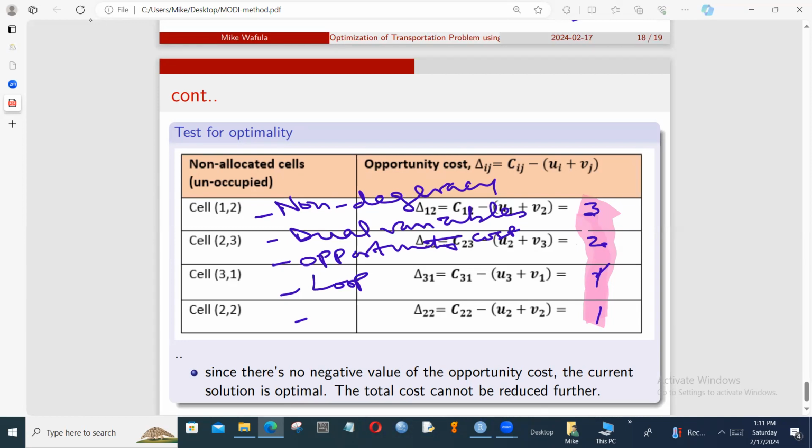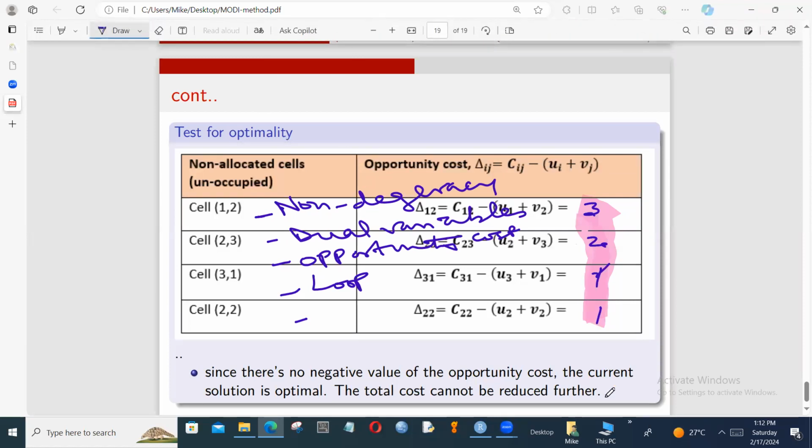Then you adjust the transportation table accordingly, and with the new table you check again whether it's optimal using the dual variables, testing for optimality like what you have done. That is what is expected from us as far as the MODI method is concerned.